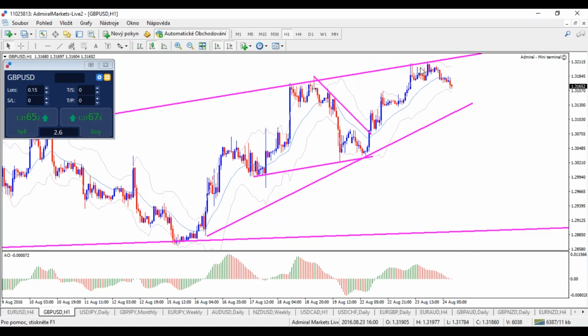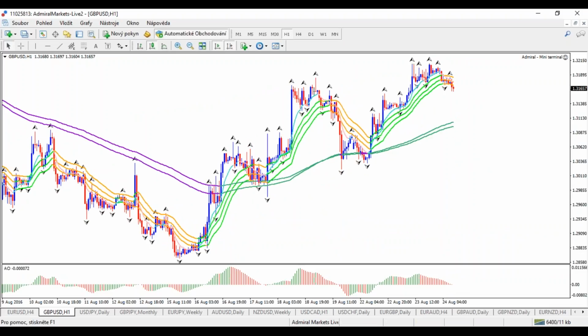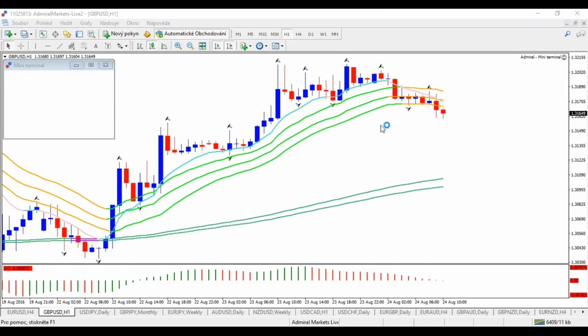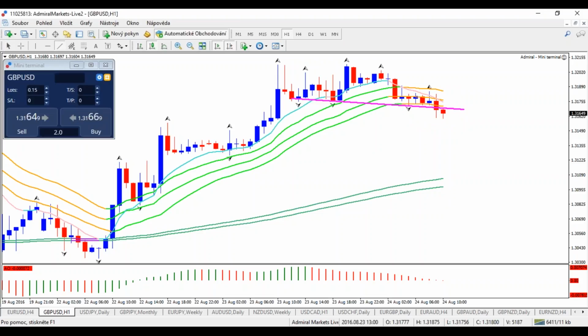I think we could expect a correction, but the correction could be in 3 waves like this, for instance. Let me see where the moving averages are. All right, you see, we're already breaking below the 21. If we have double divergence, the target is the 144 EMA. So it looks like we're actually breaking the triangle here, or sideways correction, breaking below the 21 EMA band, and there could be a move down to the 144.